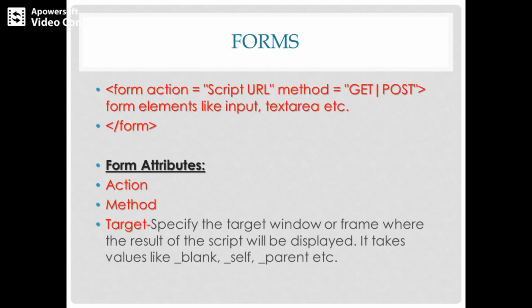For example, in a user registration form, all the values that the user types in will be processed in the backend. So the values of all the controls in a form are called form data, and this form data is submitted to the server for backend processing.